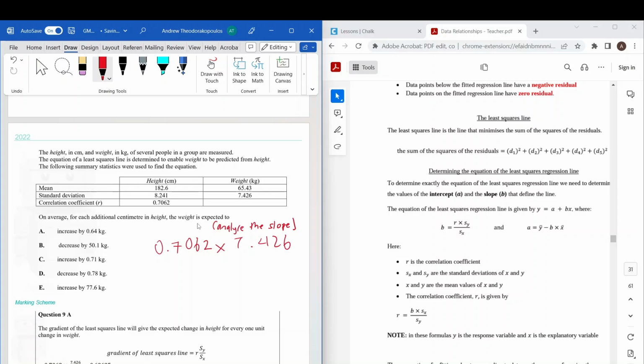So this would be the explanatory variable, which is our X, and this is our response variable, which is our Y. Then we put that over 8.241, and that's how you get your answer of 0.64. And you can see the working out in here as well.